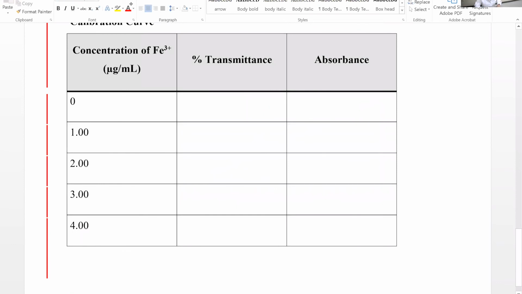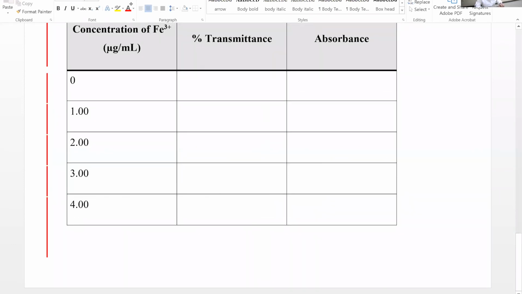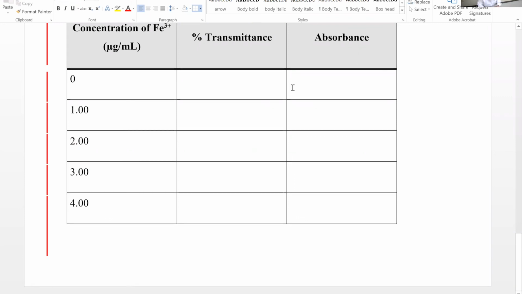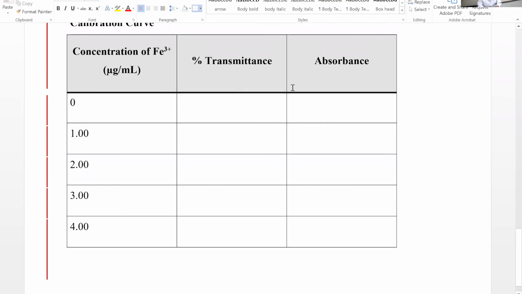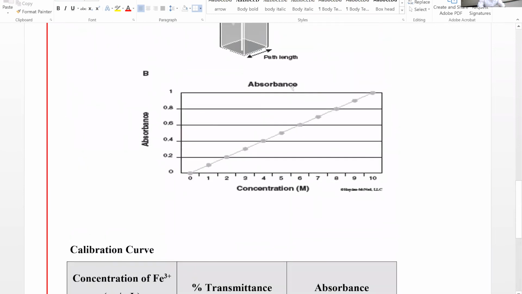So you're going to fill in these numbers, and based on the transmittance you find the absorbance, and you plot the graph of absorbance versus concentration. And when you have the graph, of course, you would find the concentration for the unknown solution.